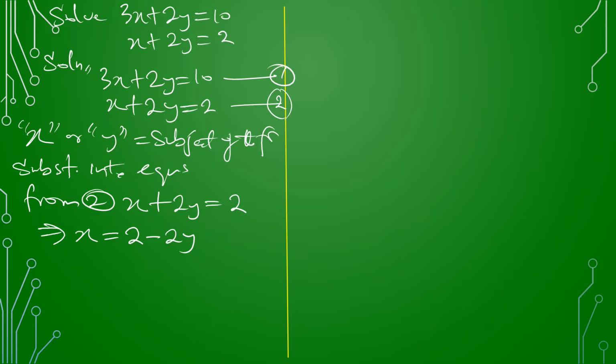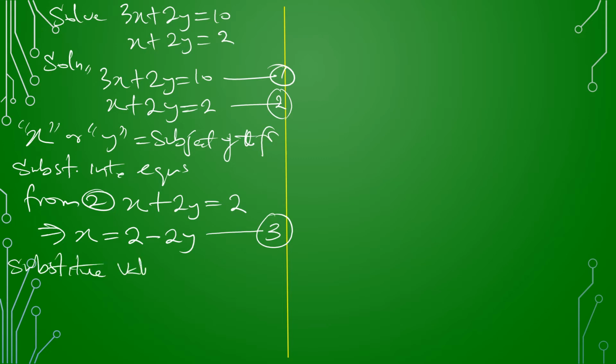Now let's call this new equation, where x is the subject, equation 3. You can either make y the subject of the formula or x. It doesn't matter. Once you have made any of them the subject of the formula, you now substitute into the other equation. Now, we have equations 1, 2, and 3.